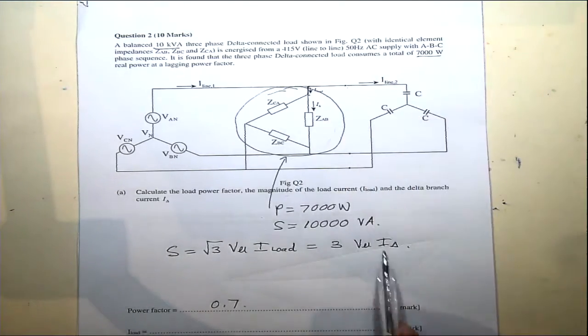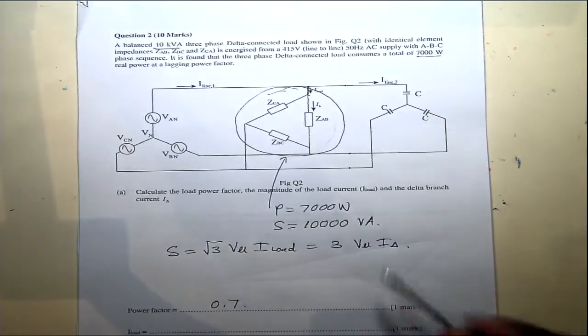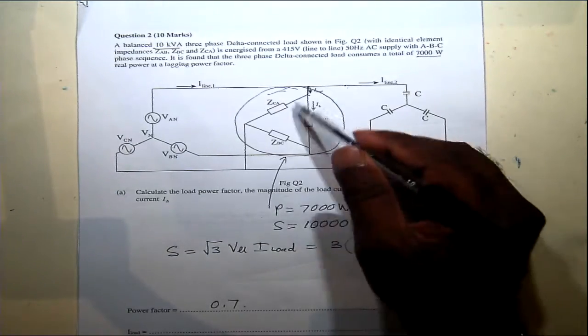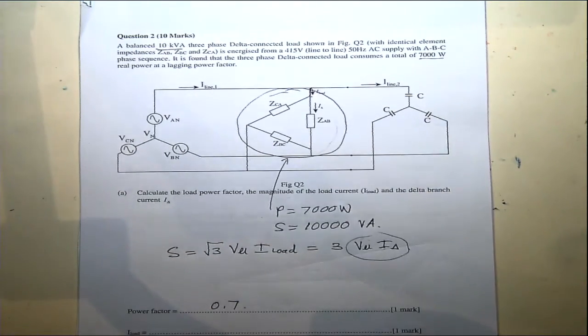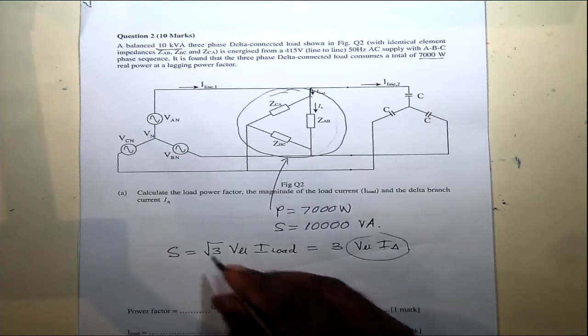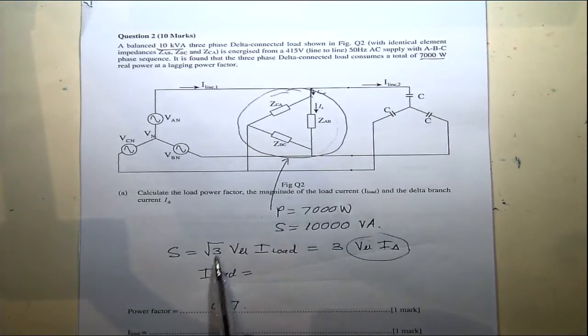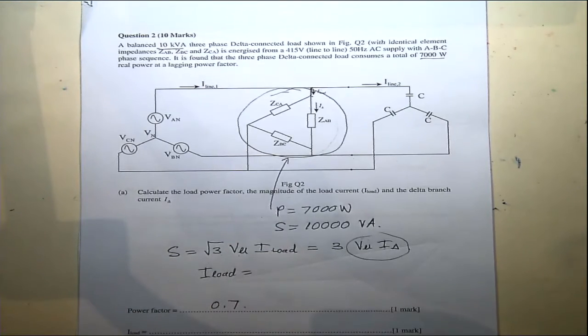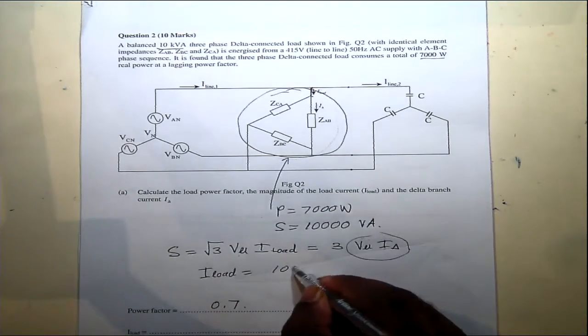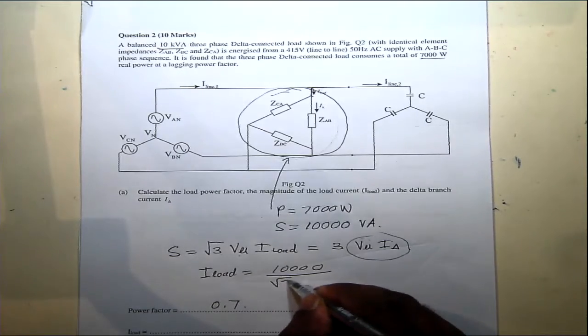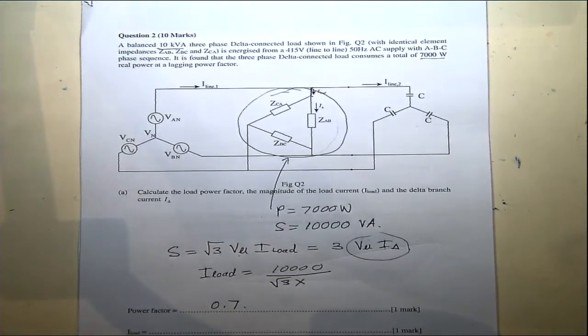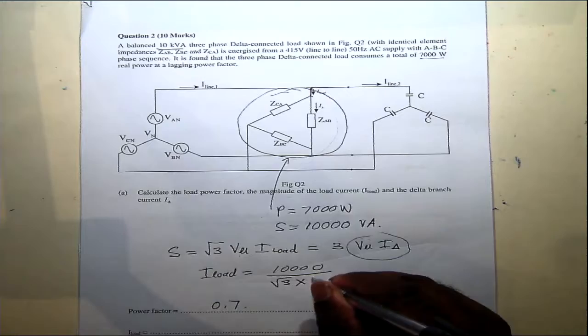And if you consider just the branch current, this is the apparent power of one of the elements, and you have 3 such elements, so that's 3 times that. So it's the same. We want to find these two values. I load will be the apparent power divided by root 3 times line-to-line voltage. So apparent power is 10,000 divided by root 3 times the line-to-line voltage of 415.